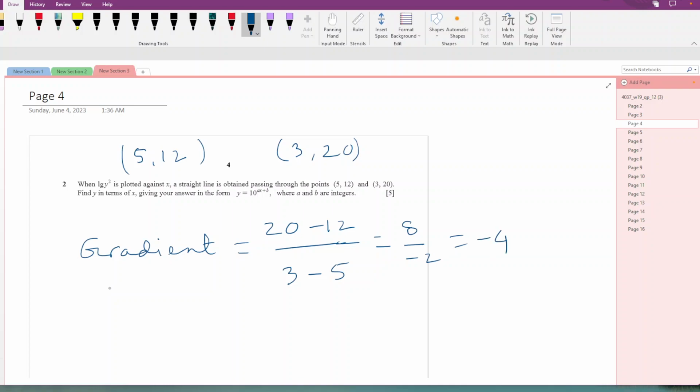Now the equation of the straight line: lg y squared minus 12 equals minus 4 times (x minus 5).